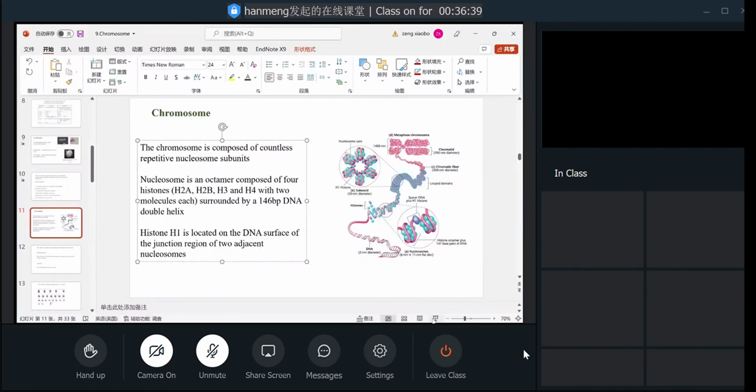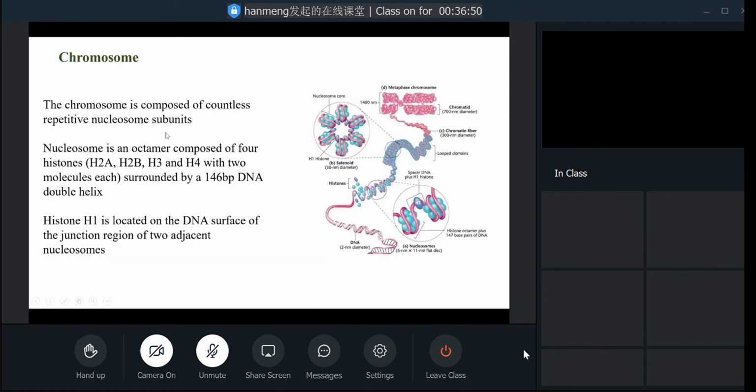The chromosome is composed of countless repetitive nucleosome subunits. The nucleosome is the smallest unit of a chromosome.